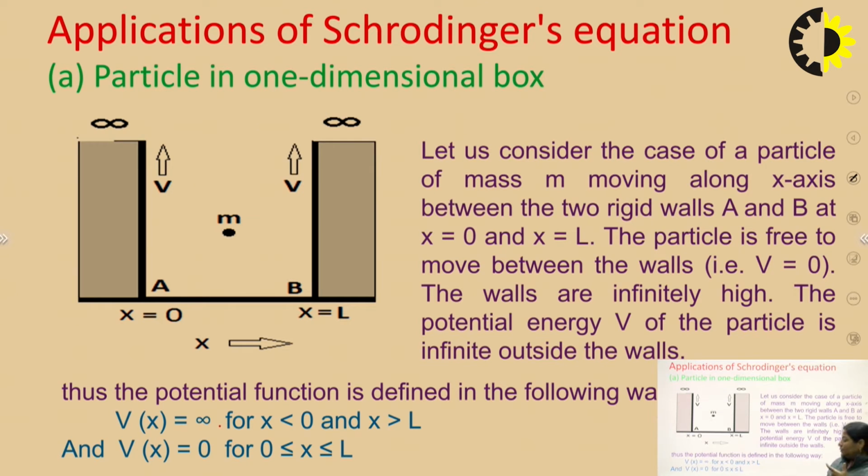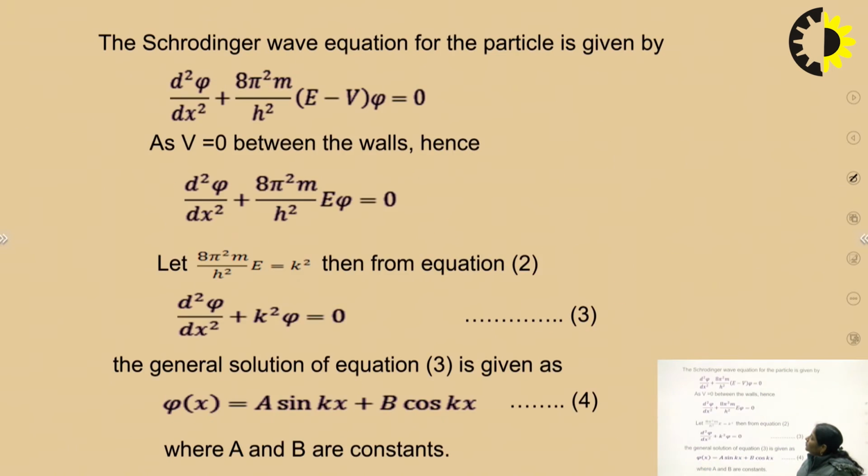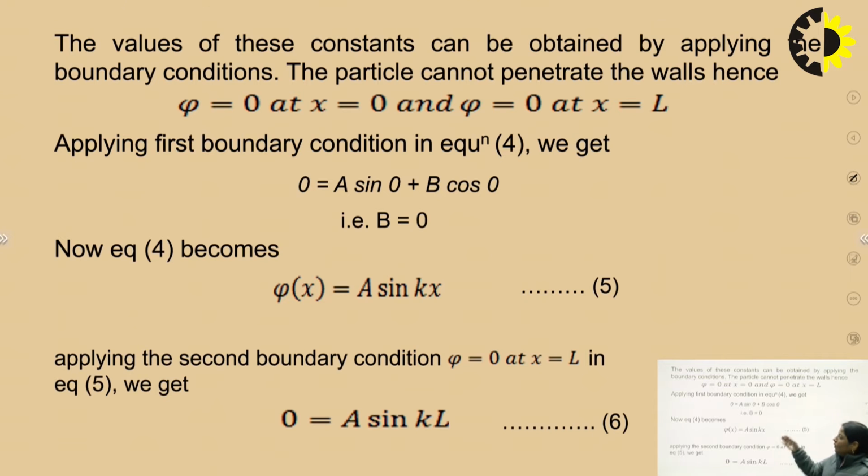It will not be able to go out of the box. So we must consider that it will not stay at the boundary. So the particle will not be defined. Therefore, the wave function has to have the value 0.